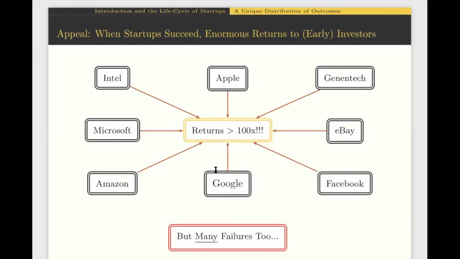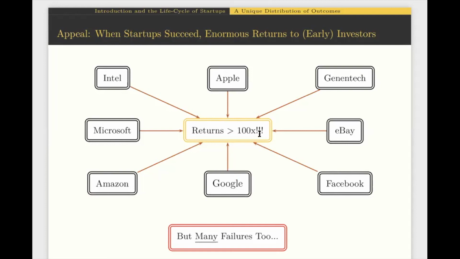Final thing that I'll highlight about a unique aspect of startups is the unique distribution of outcomes that we have for investments in startups. And that's one of the things that tends to be appealing to people when they're studying startups: if you take a look at the most successful examples of startups, the returns that they generate to their early investors are spectacular.